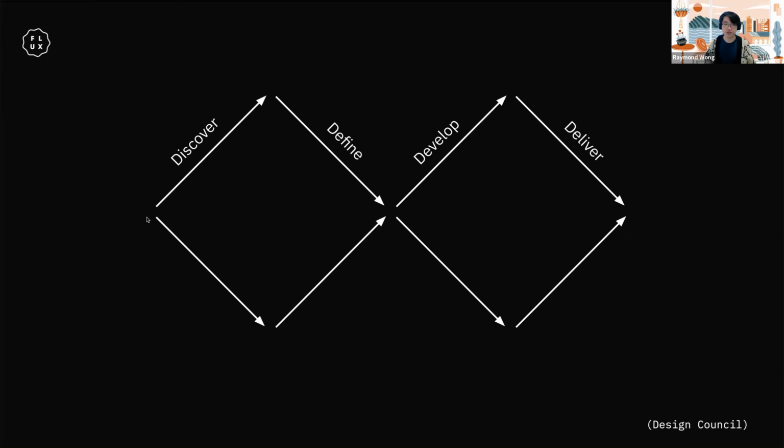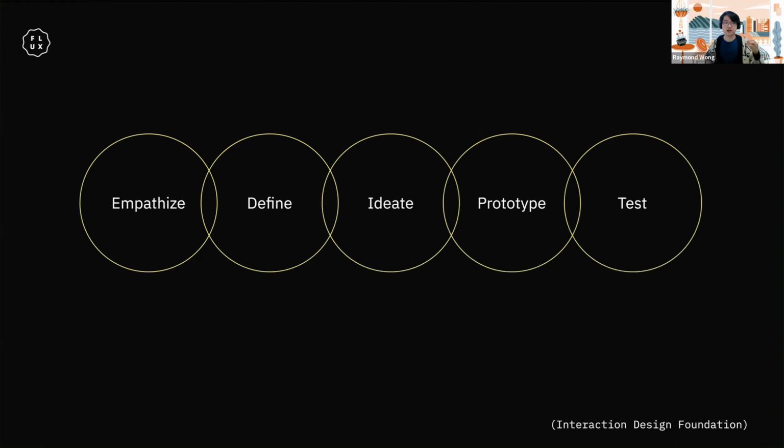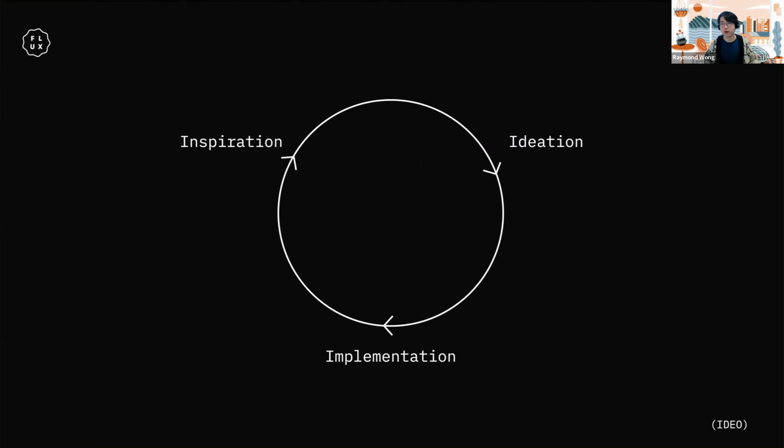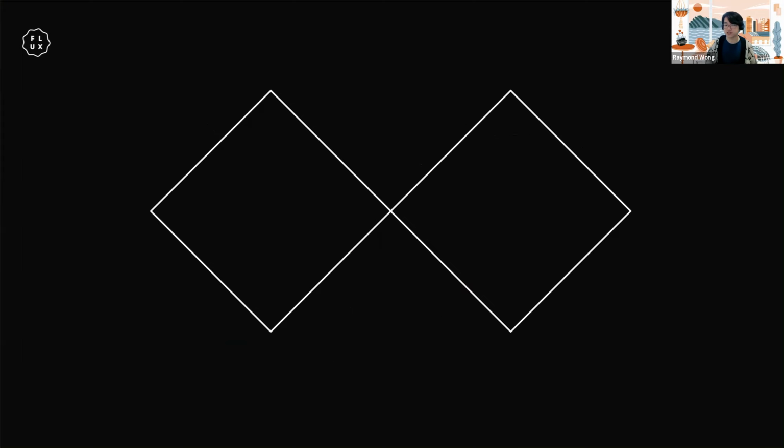And if you go back to the other kinds of design processes that we just looked at, they're in a way similar. You're trying to empathize and generate a lot of data, and you're going to define the problem, and you're going to ideate a bunch of things. You're going to prototype and narrow it down, and you're going to test it. These are all similar. So think of it this way, there's no one single design process, but this is the most common one.